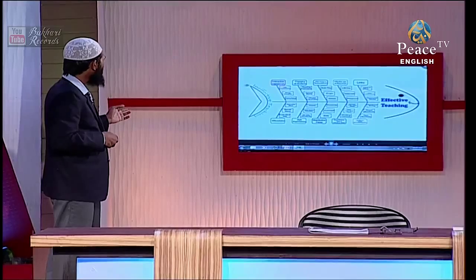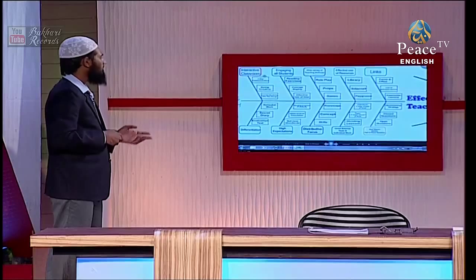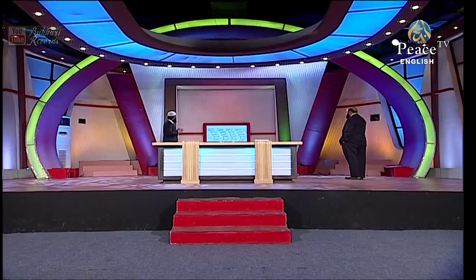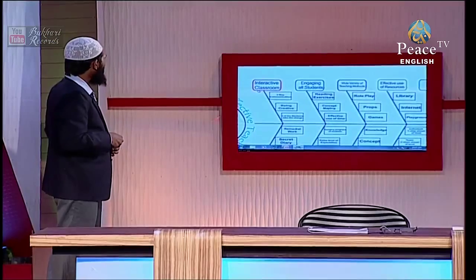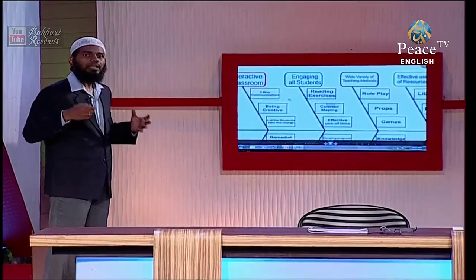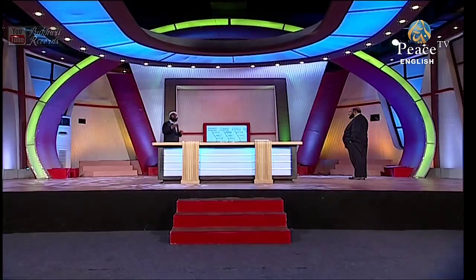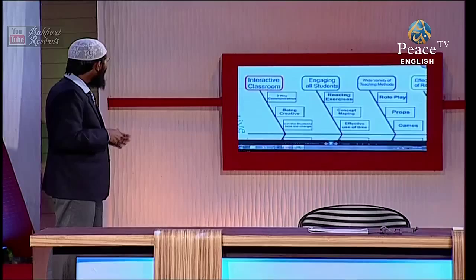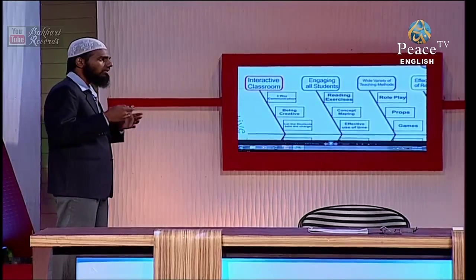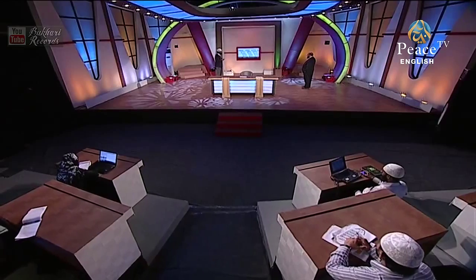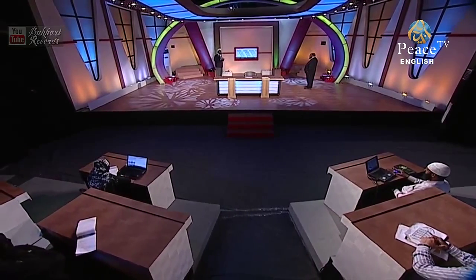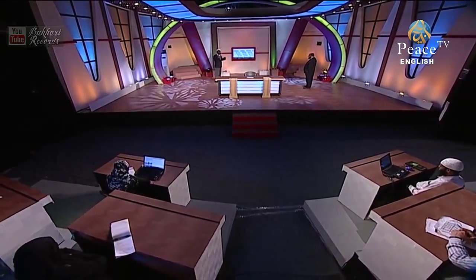So to begin, the first concept is an interactive classroom and interactive session. The first important point is three-way communication. What do you mean by three-way communication? Three-way communication is communication between the teacher and the students, between the students themselves, and also the whole class with the entire class altogether.